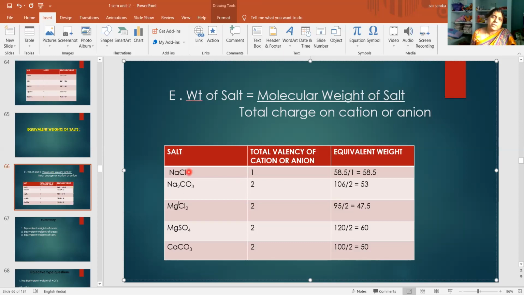So here some salt molecules are given, and for those salt molecules equivalent weights are calculated. So NaCl, Na2CO3, MgCl2, MgSO4, CaCO3. Carbonates, sulfates, chlorides. Okay. So now I will use the whiteboard, and there we will explain its splittings and its charges.